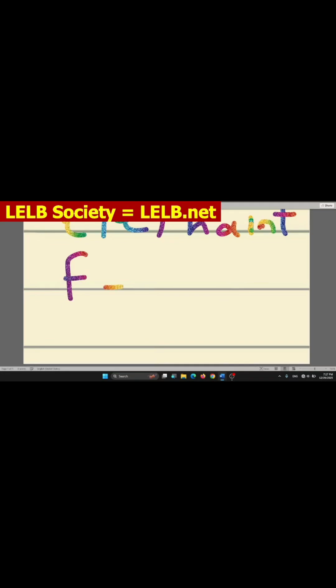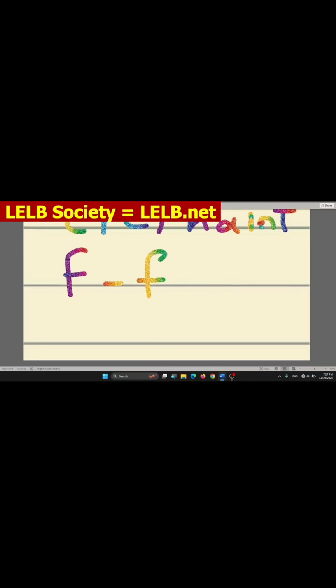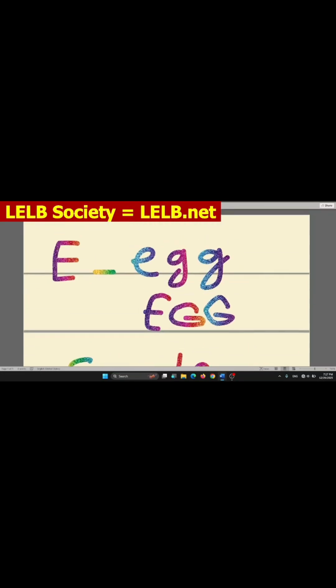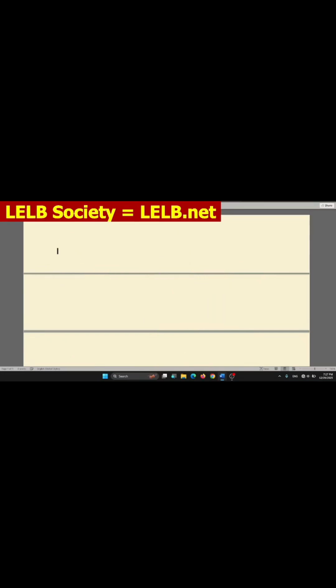For F, you can say fox. Good, thank you. For F, I can make this example like fox. Foxes are cunning, intelligent, smart animals.